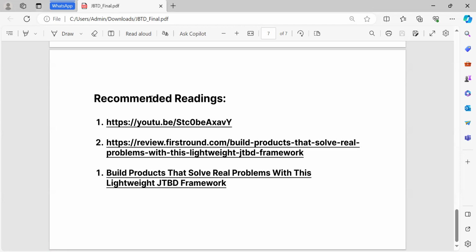The last one is personally my favorite, where a product manager at Google tells about the different products that use this framework for real life incidents. Make sure you go through these readings once, and I will also attach their links in the description, so you can access them from there also.